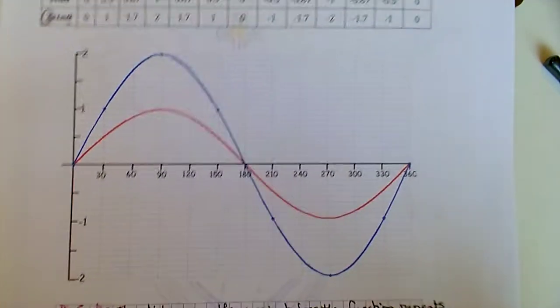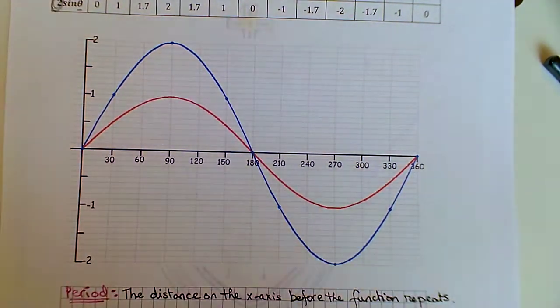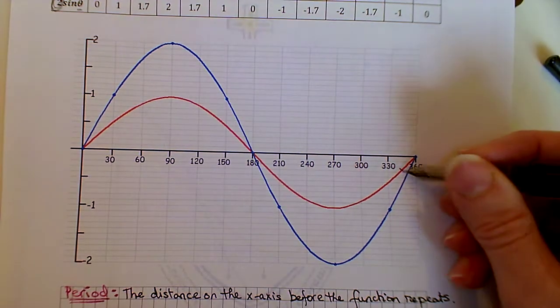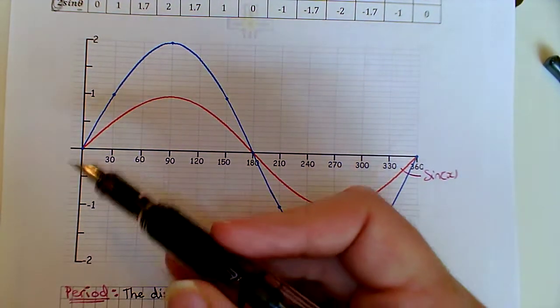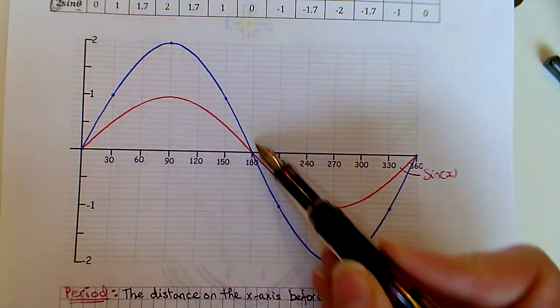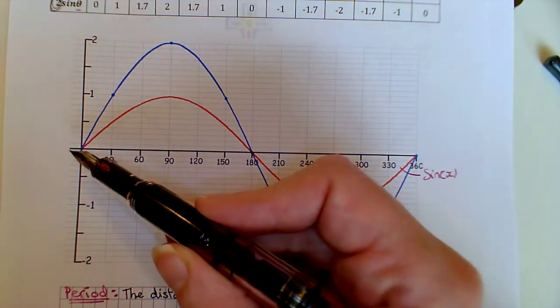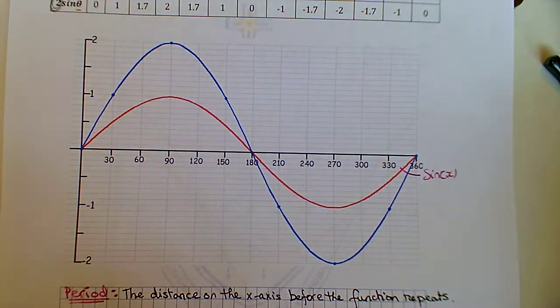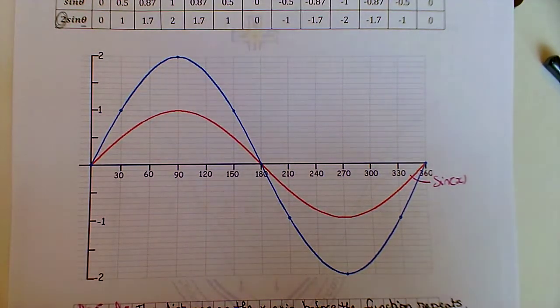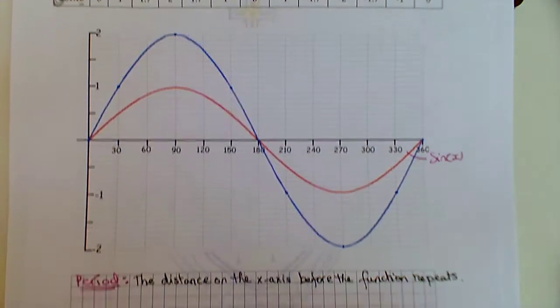And if we look here, this red line is the graph of sine of x. And we can see that it completes a full wave pattern up and down between 0 degrees and 360 degrees. So every 360 degrees, sine of x repeats its same shape, which means that we can write down this fact about sine of x.